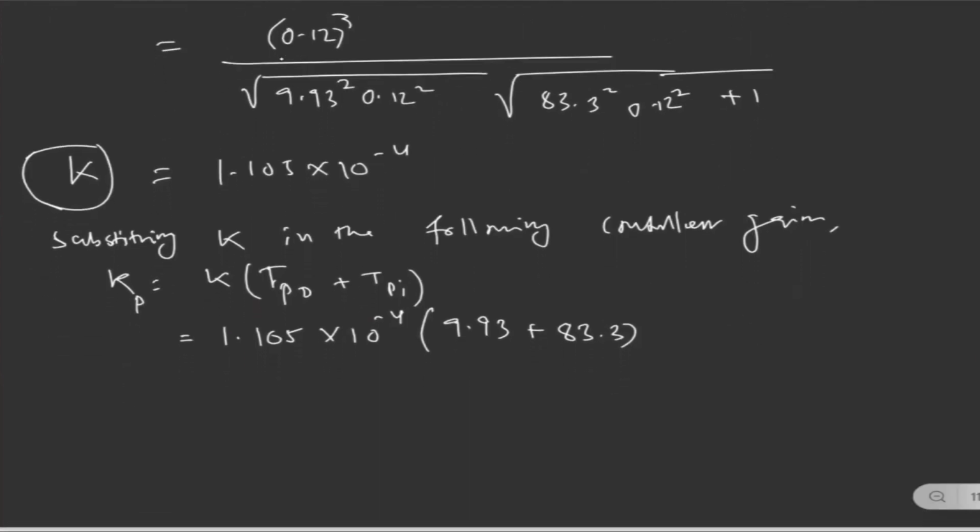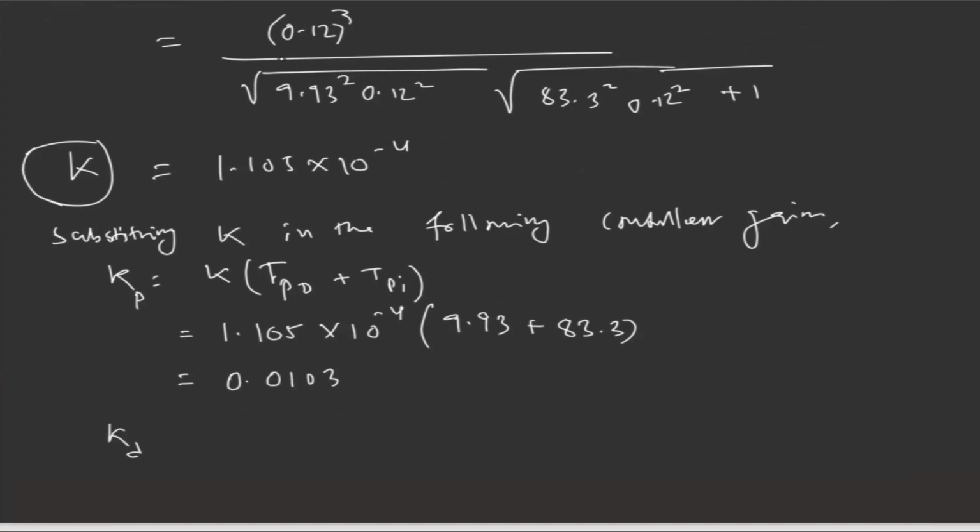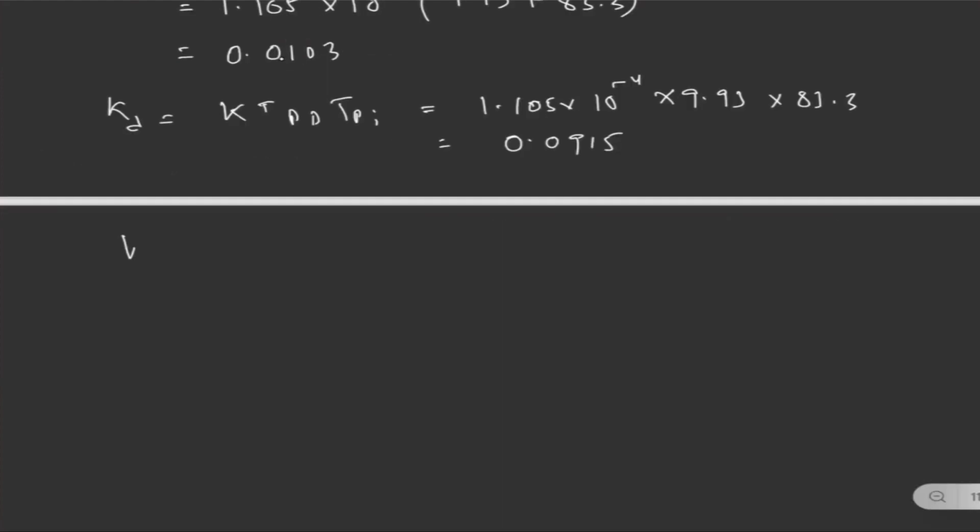So the value yields to be 0.0103. And K_D equal to K T_PD T_PI, which is 1.105 into 10 to the power minus 4 times 9.93 into 83.3, which yields 0.0915. And K_I equals K, which is nothing but 1.105 into 10 to the power minus 4.